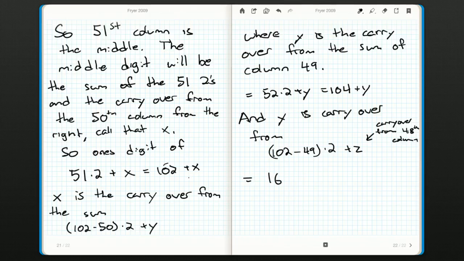So 106, oops, not 16, 106 plus Z. Okay. But that really limits, I mean, Y is going to be the first two digits of this sum. Now, Z can be anything. He can't be 30, so he can be 20-something, he can be 10-something, he can be 0-something. And that means that this is going to be 10-something or 11-something or 12-something.